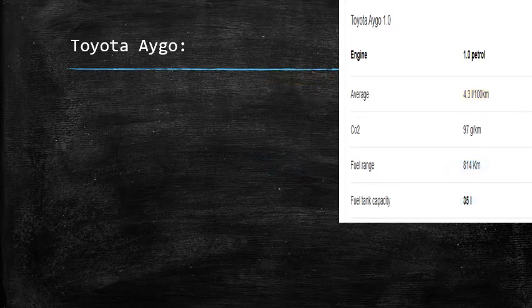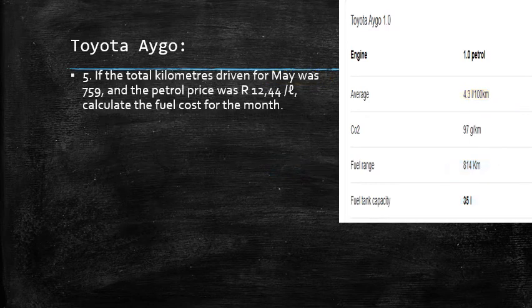Another example with the same vehicle, and they ask us if the total kilometers driven for May is 759 and the petrol price is R12.44 per liter, what is the fuel cost for that month? So we're going to use the magic method again. 4,3 liters is 100 kilometers.